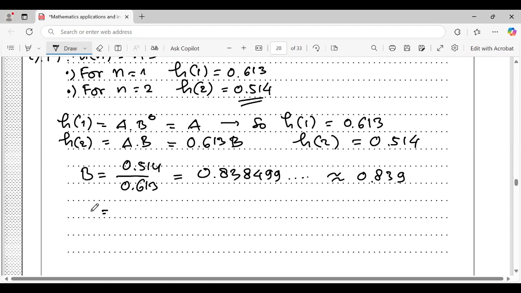But this is based on my calculation. So Hn we can write as Hn equals 0.613 times 0.839 to the power n minus 1.